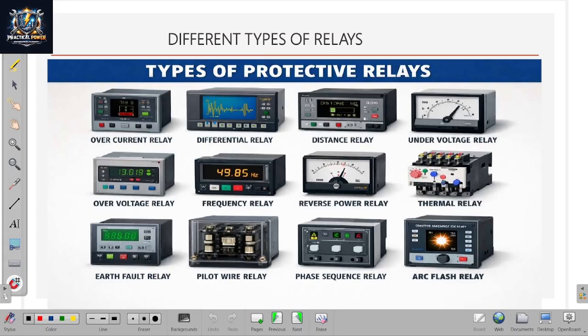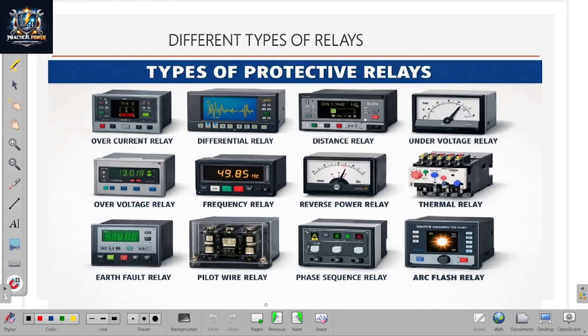These are various types of relays. So these are all about the protective relays and the details regarding coordination and how they operate.